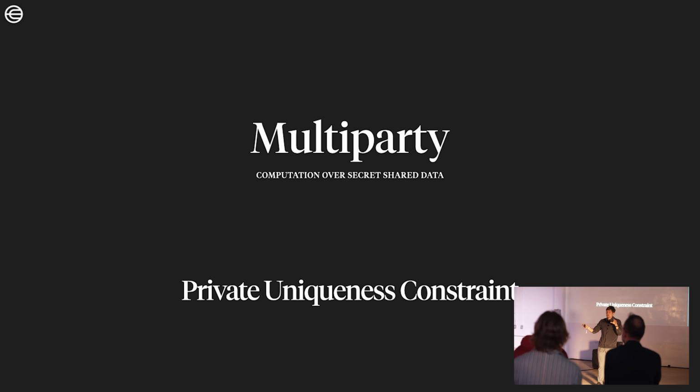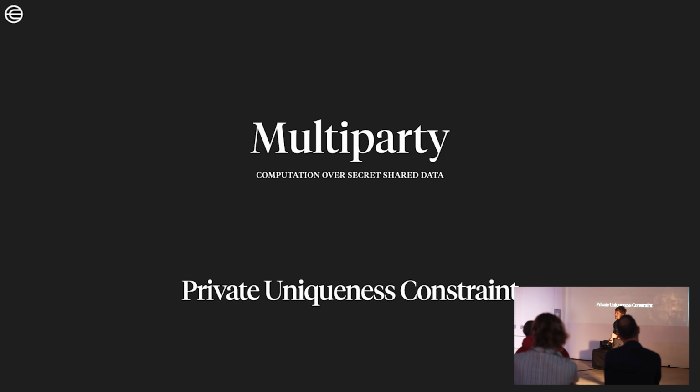Because each participant only has one of these secret shares, and you need all of them in order to know anything about the secret. It turns out that with multi-party computation, you can actually compute on these secret shares by talking and communicating with each other in a way that none of the parties learns anything about what they are currently computing, except for the final outcome that you want to be revealed, which in our case is a single bit, whether this human is unique or not.